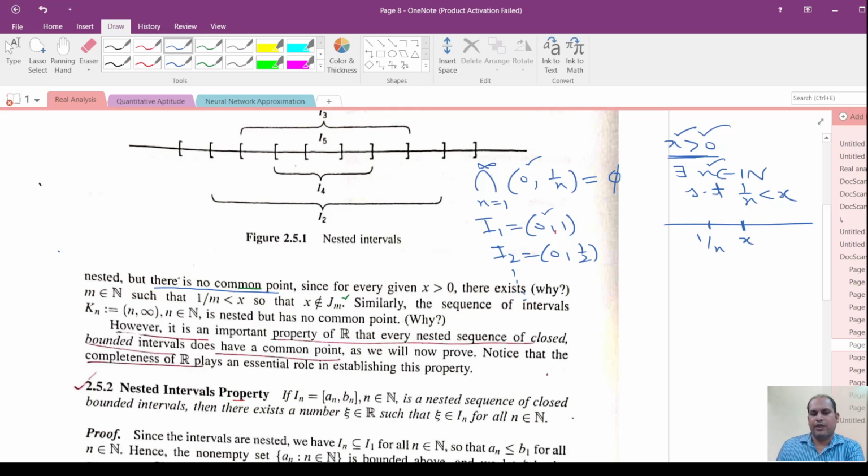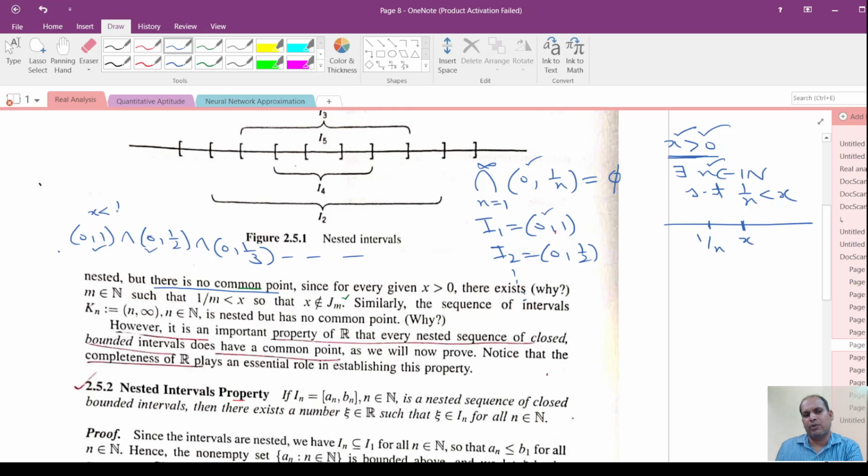And what we are claiming here is the intersection of all such intervals: I1 is 0 to 1, intersection 0 to half, intersection 0 to 1 by 3, and so on. If there is any element which is common to each of such intervals, then such x has to be less than 1, less than half, less than 1 by 3, and so on.